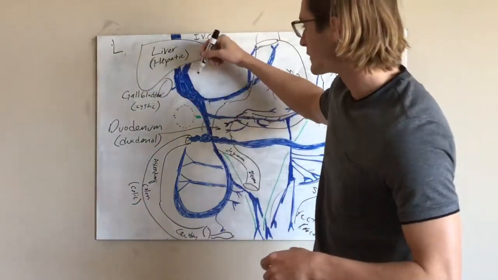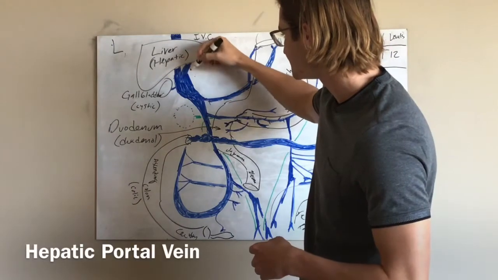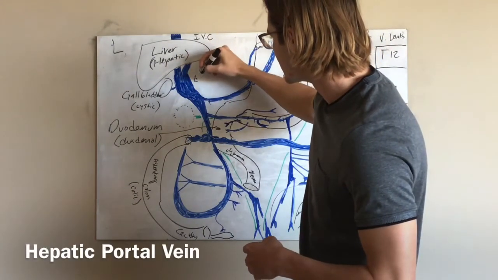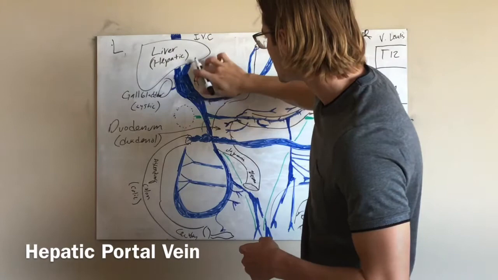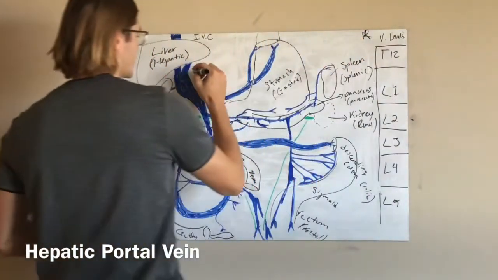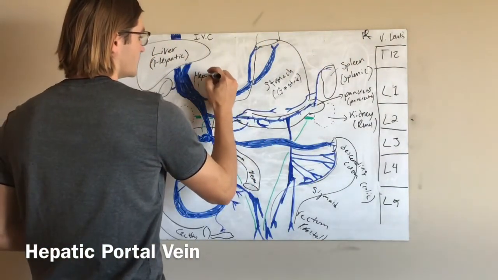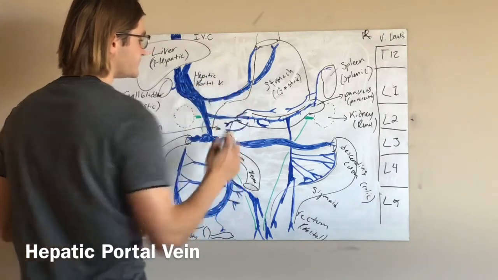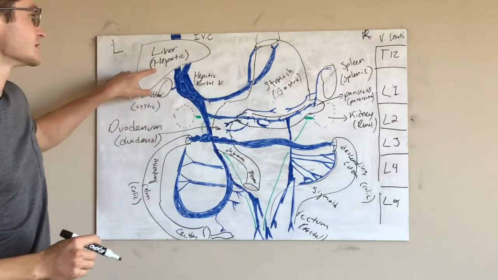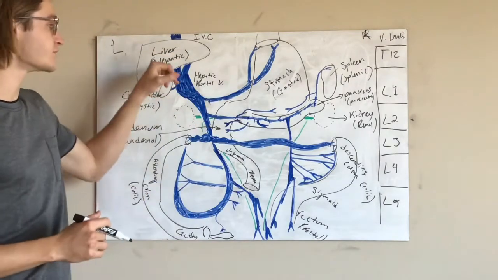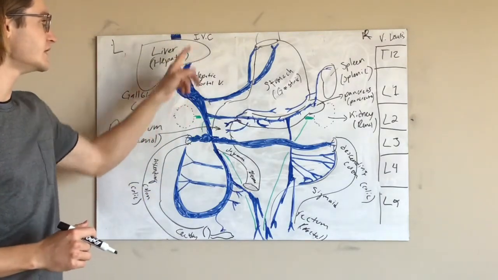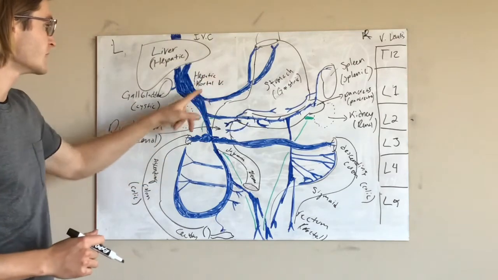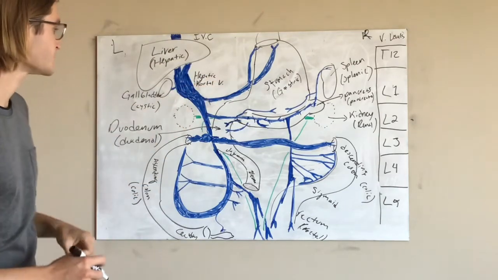The main vein we want to see here, which is this big guy, is called the hepatic portal vein. Hepatic because it's going to the liver, it's from the liver and drains right to the inferior vena cava. So hepatic portal vein.